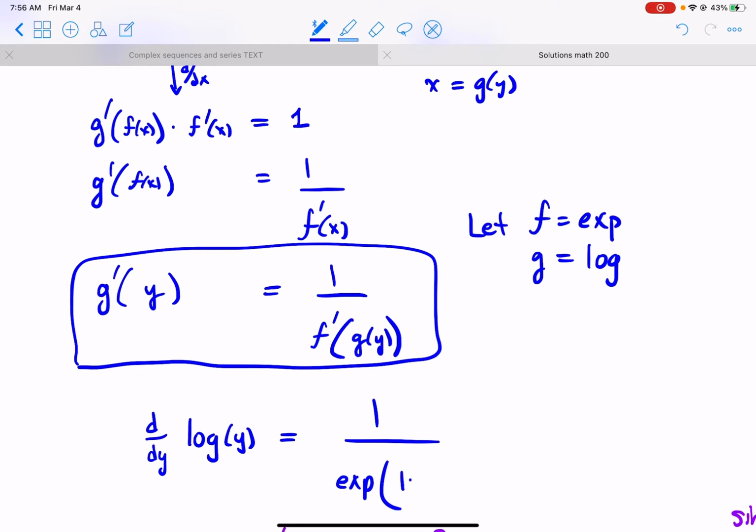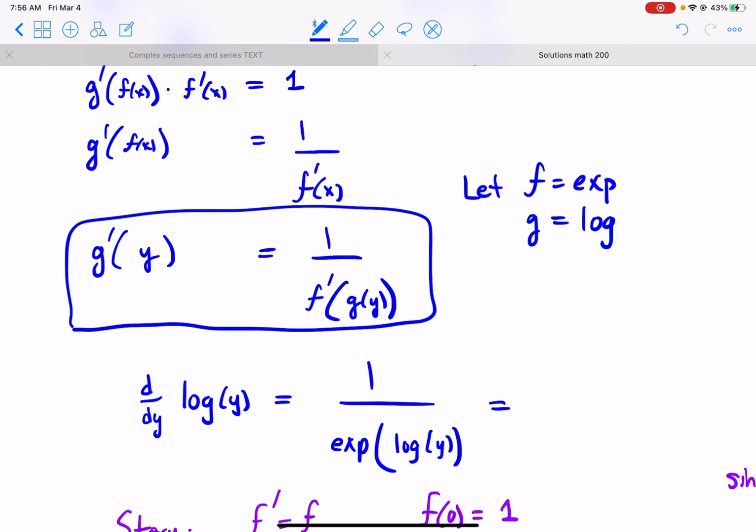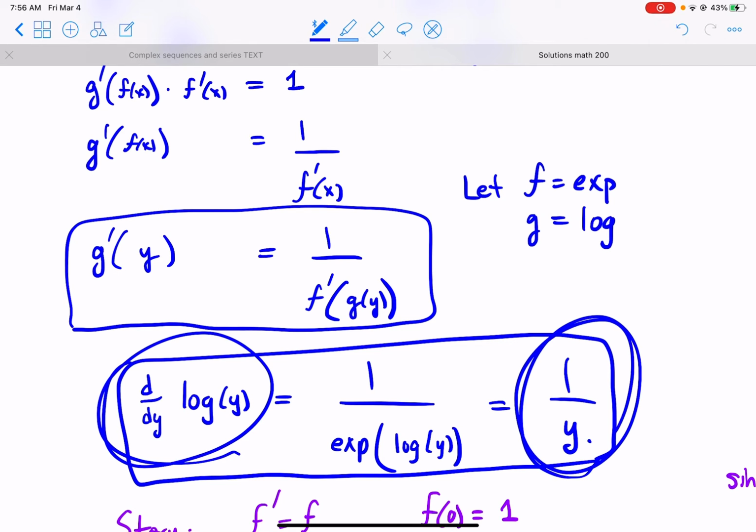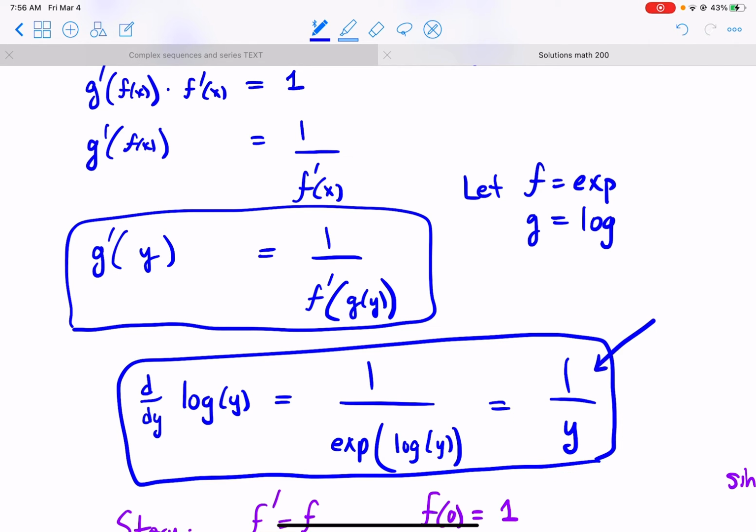And what's g? G is log of y. But hello, these are inverse functions. Wow. The derivative of log is just 1 over y. And look at this. We know how to compute this.